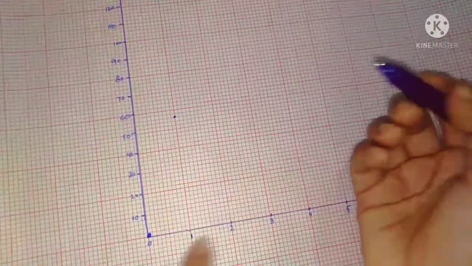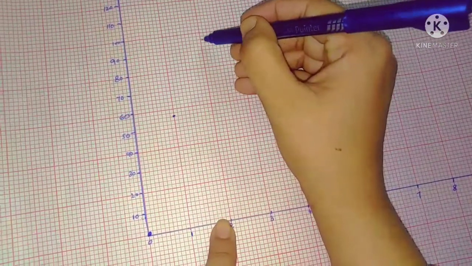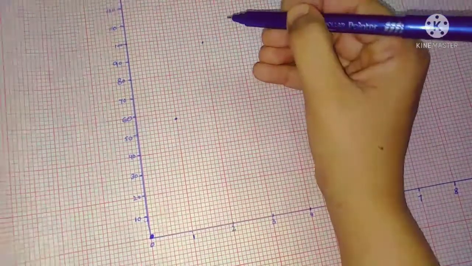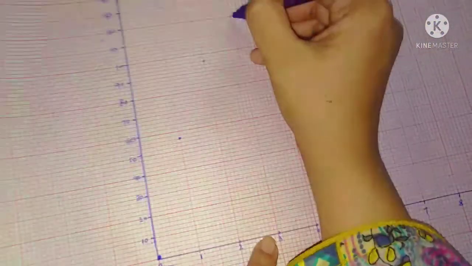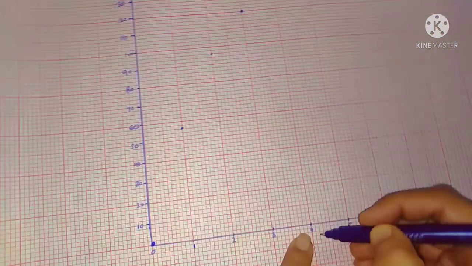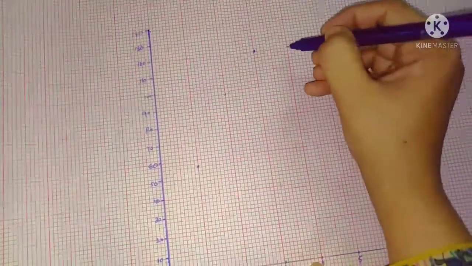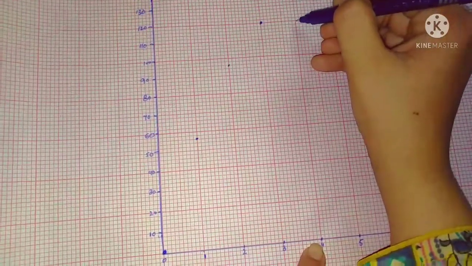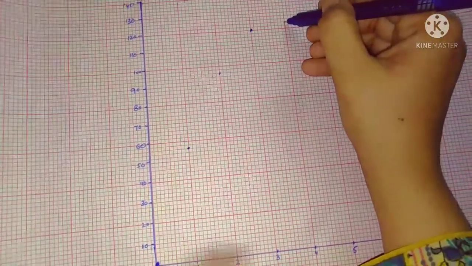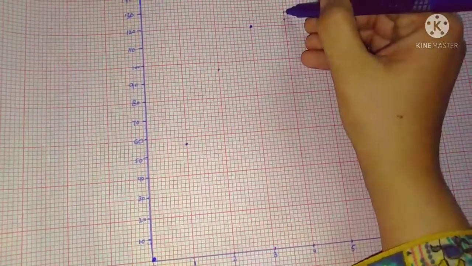On 2 it's 96, and 90 is here, 92, 94, 96. On 3 it's 120. On 4 it's 128: 120, 122, 124, 126 and 128.